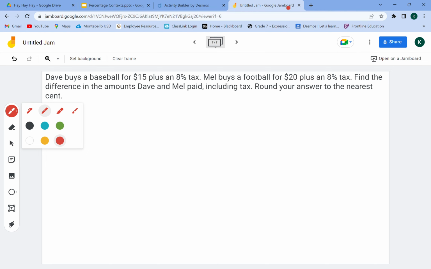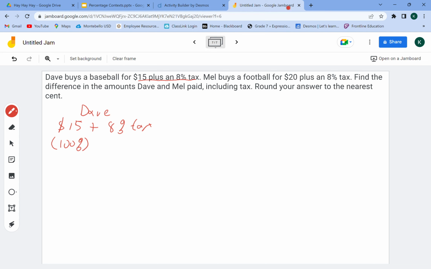So here's the thing with Dave. Again, it's $15 plus an 8% tax. Since you're being taxed, you have to remember that this $15 is technically your original, which is 100%, something I discussed before.